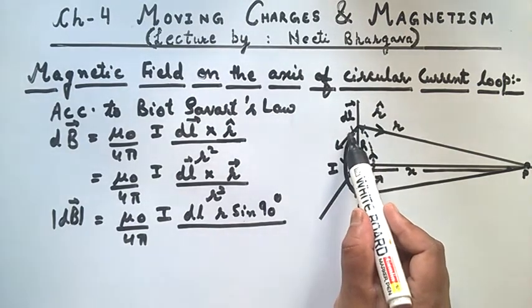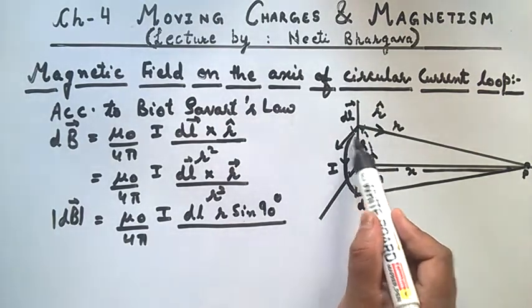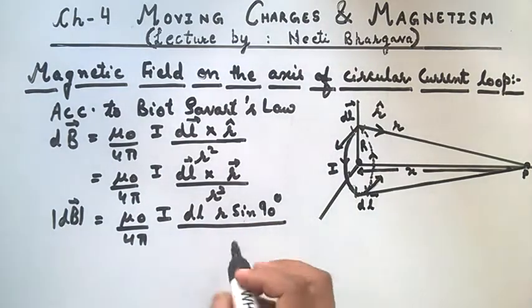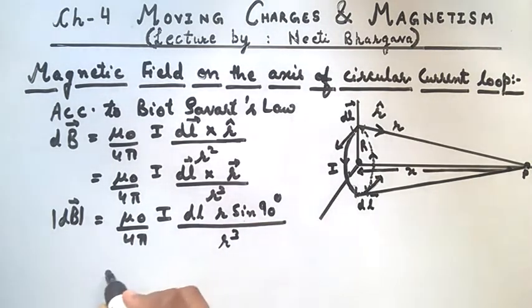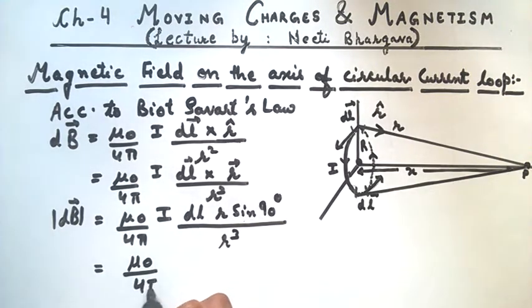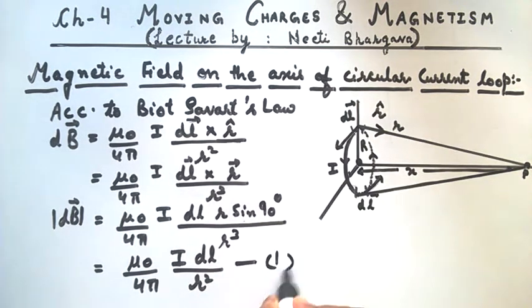The angle between dl and r vector is right angle. Therefore, we get the final value, which is equal to mu naught by 4 pi I dl by r square. Give it equation number 1, and by this we can find the value of magnetic field.